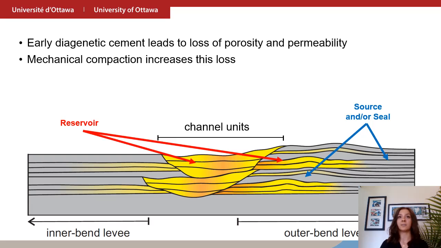Additionally, mechanical compaction of the adjacent organic-rich mudstones would have reduced their thickness by up to 50% and lowered their porosity by up to a factor of 6. This highlights the importance of understanding both the depositional and the diagenetic history of organic-rich deep marine strata in order to aid in the assessment of hydrocarbon systems.